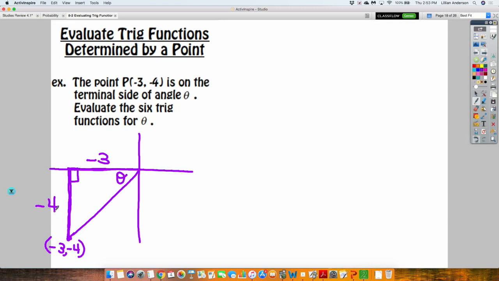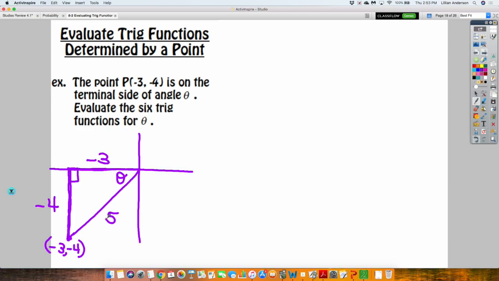And then, of course, you can use Pythagorean theorem to find your hypotenuse, which is 5. Your hypotenuse is always positive. Think about when you square negative 3 and negative 4, you get a positive number. So it's always going to be positive.